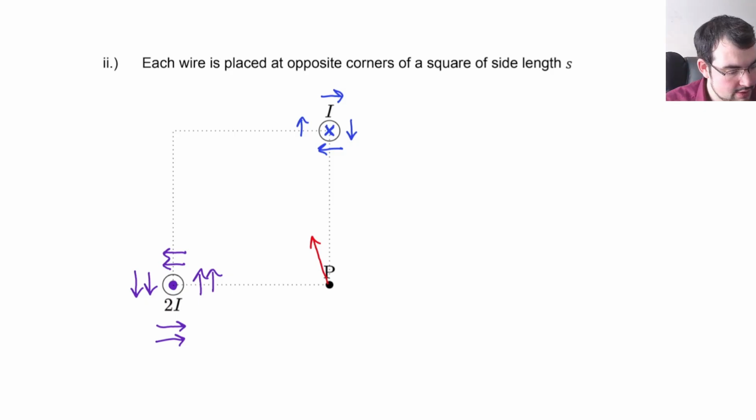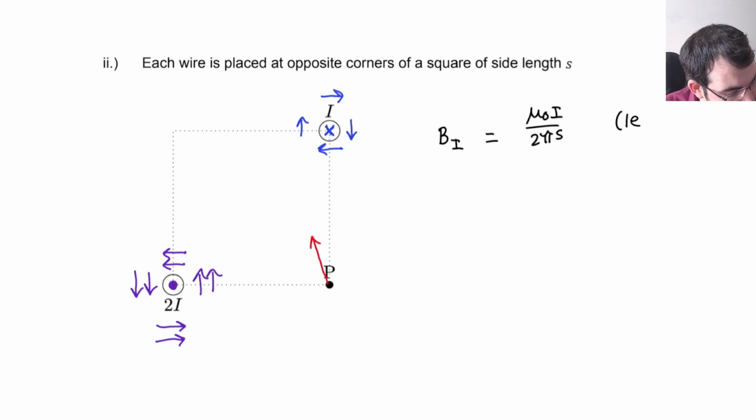We know that B from the 1i is just going to be mu naught I over 2 pi s, and that field is directed to the left, whereas the B field from the 2i is going to be 2 mu naught I over 2 pi s, and that is directed up.